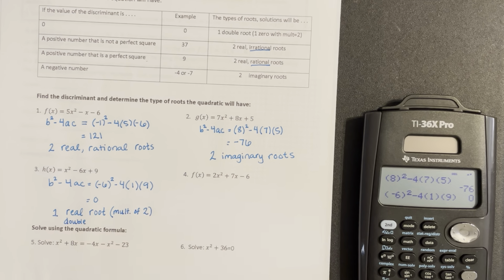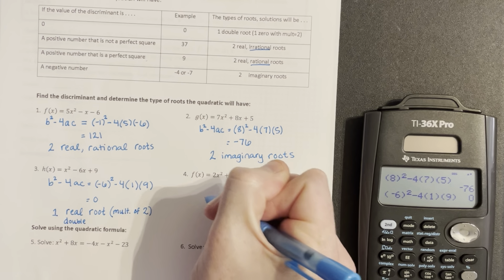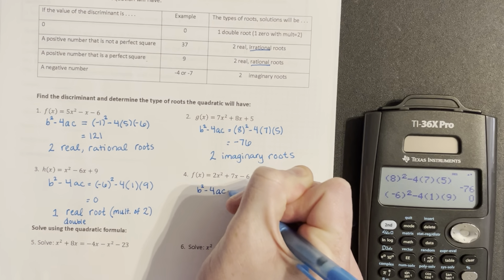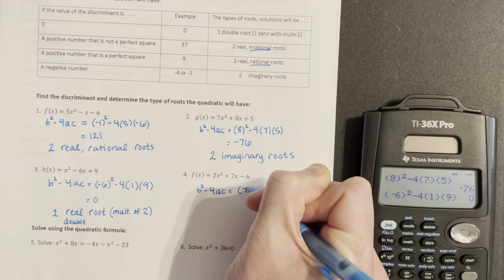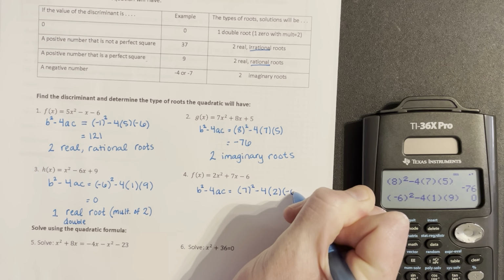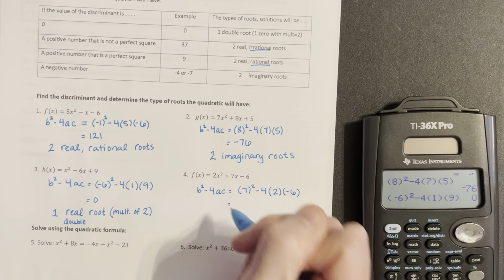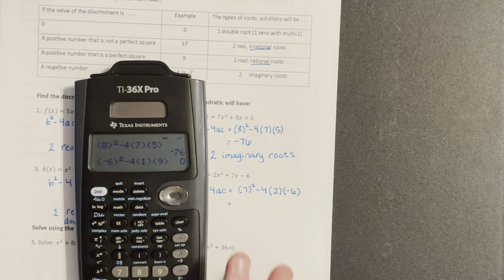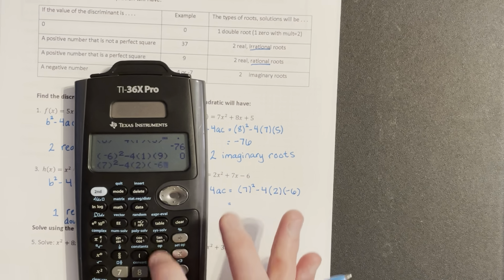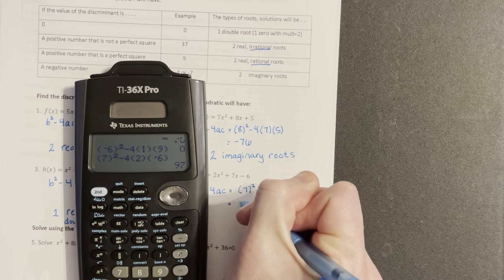And the last one here, 2x squared plus 7x minus 6. All right, b squared minus 4ac gives us 7 squared minus 4 times 2 times negative 6. That comes out to be 97.